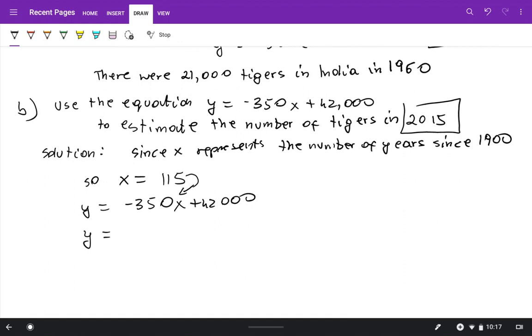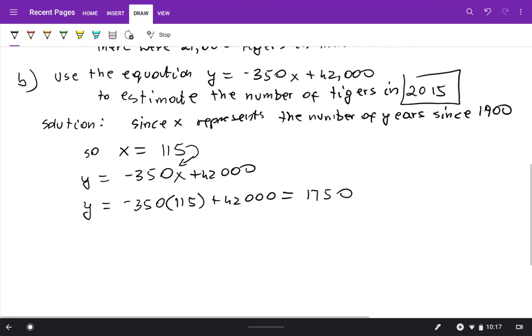So to estimate how many tigers were left in India in 2015, we're replacing x with 115, and let's evaluate that, and we're going to end up with 1,750.